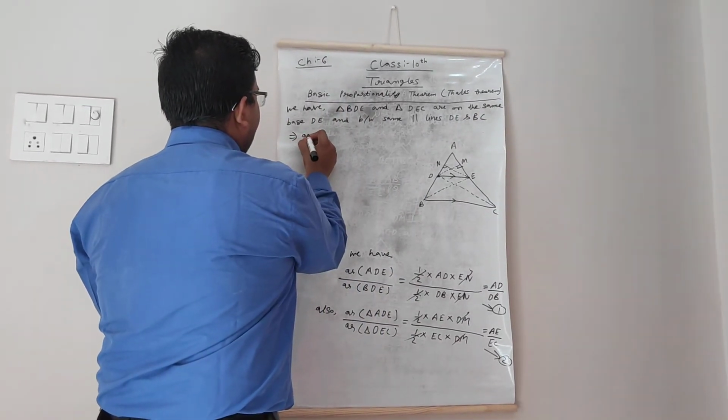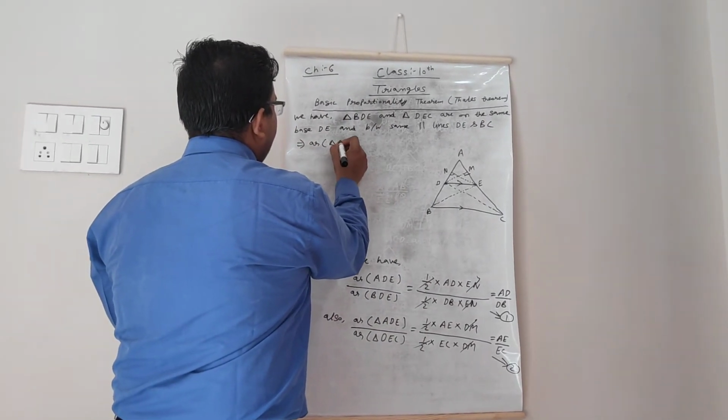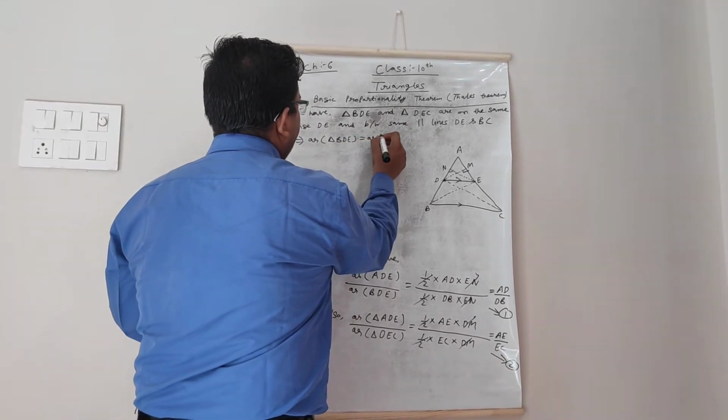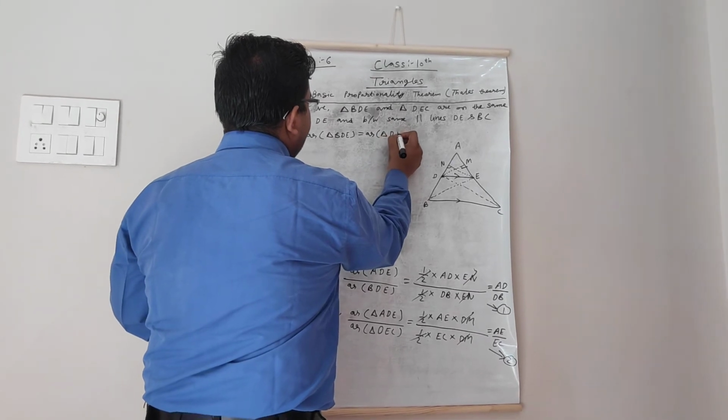Therefore, the area of triangle BDE is equal to the area of triangle DEC.